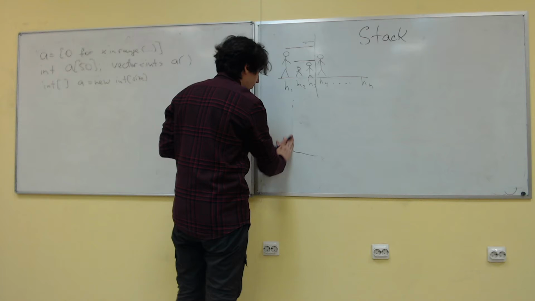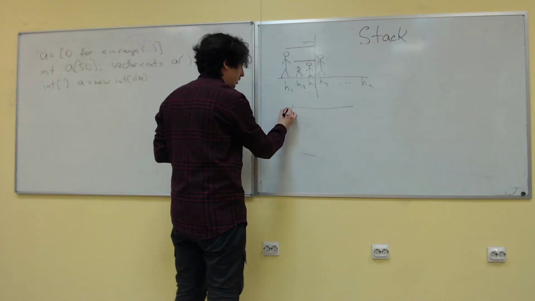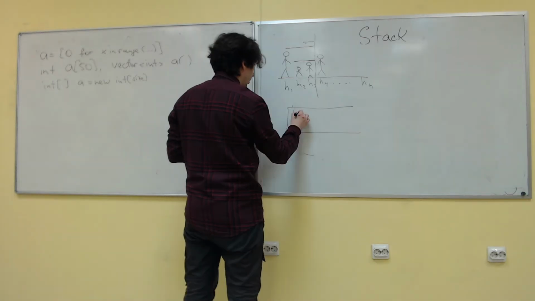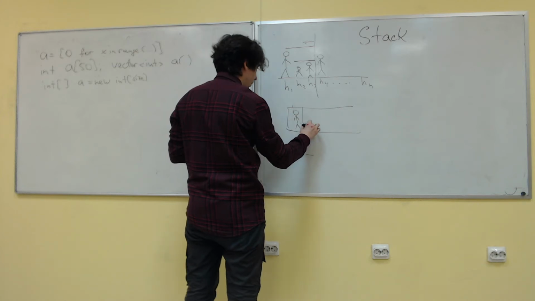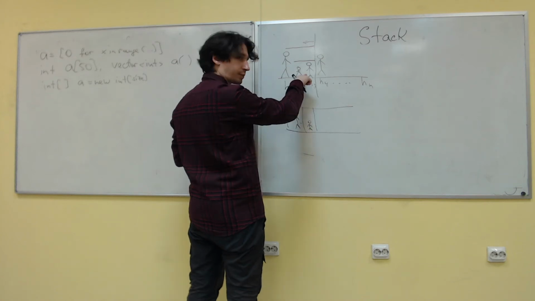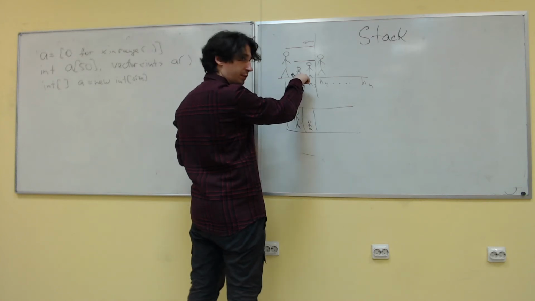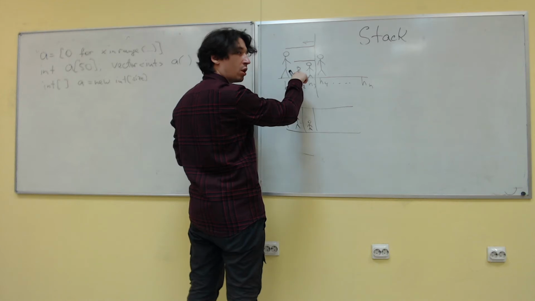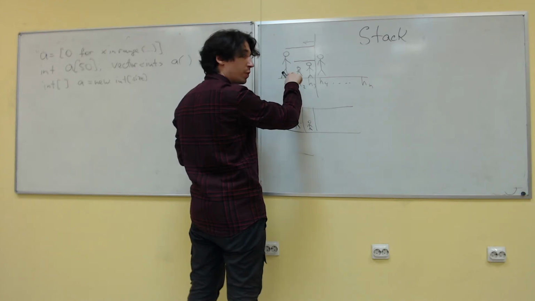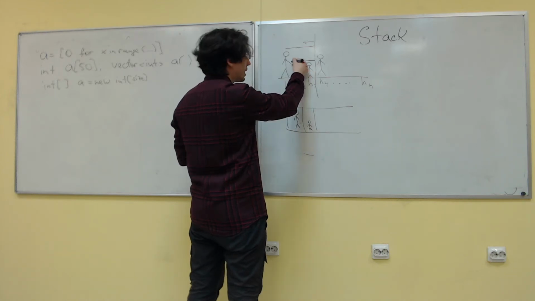Let me draw the stack in this way. So you have a very high person here, then you have this very short person here, and then you put our third person in the stack. You know that everybody who is smaller than it to the left will not be seen, because we can see only the first person with the height and nobody else.